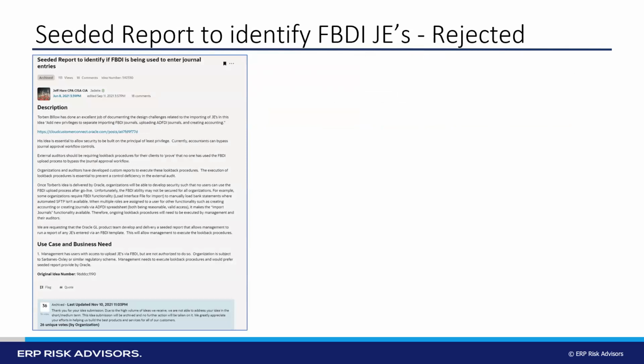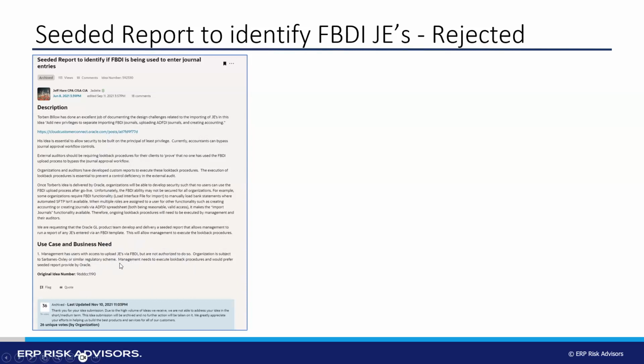So this was what I was trying to pull up in Customer Connect. As you can see, my documentation: I go through the issue here, with reference to the post itself where Torben had done this, and then effectively say management has users with access to upload journal entries to FBDI, which is inherently all accountants had access to it, but are not authorized probably to do so.